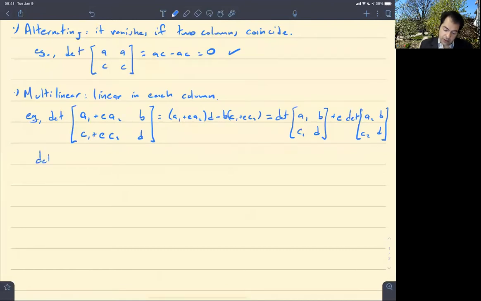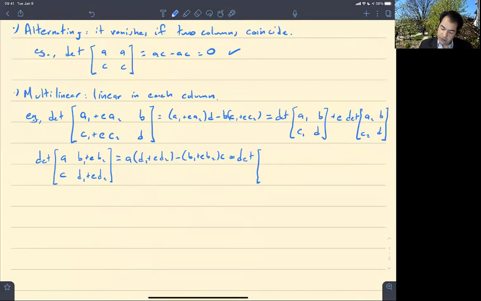And similarly, if I fix the first column, but take a linear combination of vectors for the second column, then, right, if you write this out, you would get A times (D1 plus E D2) minus (B1 plus E B2) times C. And if you write that out, you can recognize it as the determinant of the matrix with columns (A, C) and (B1, D1), plus E times the determinant of the matrix with columns (A, C) and (B2, D2).